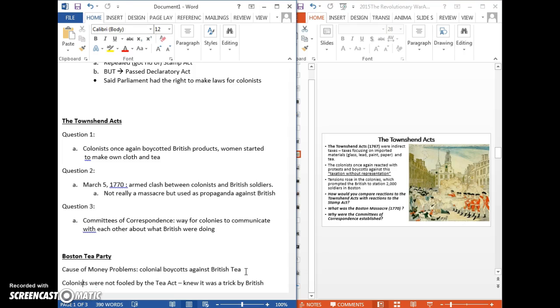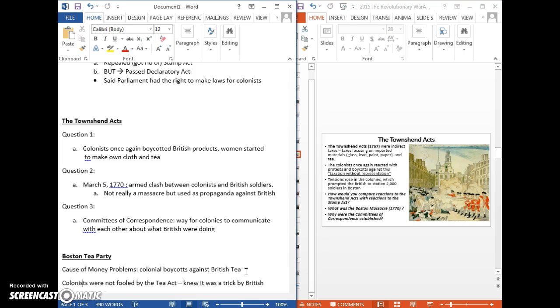And on a cold and snowy night in March of 1770, you see an armed clash between colonists and British soldiers that will become known as the Boston Massacre. These colonists are starting to taunt these soldiers. This taunting eventually turns violent, where rocks and snowballs are thrown at the soldiers.